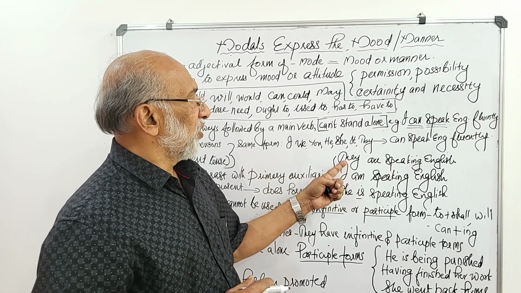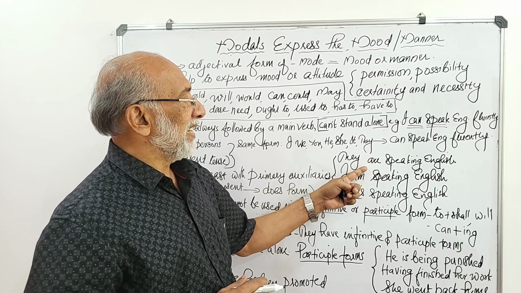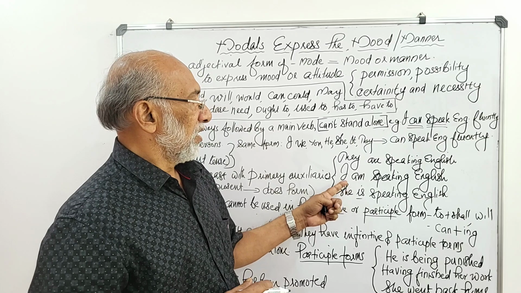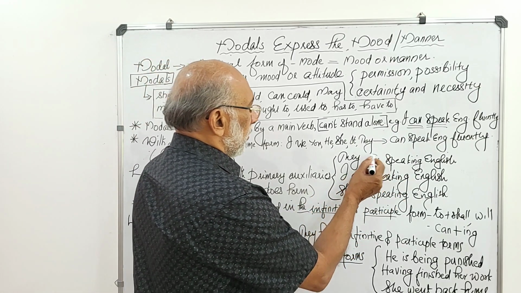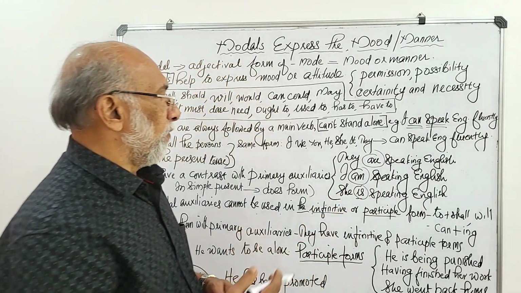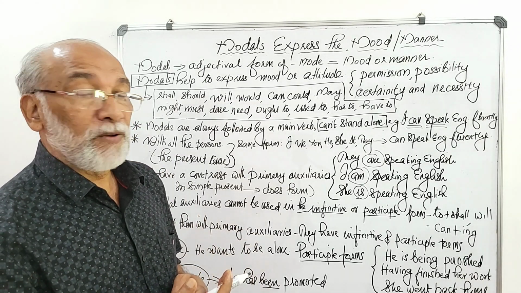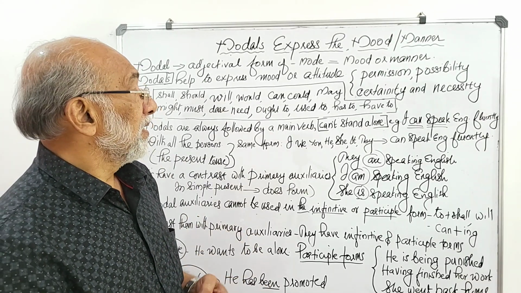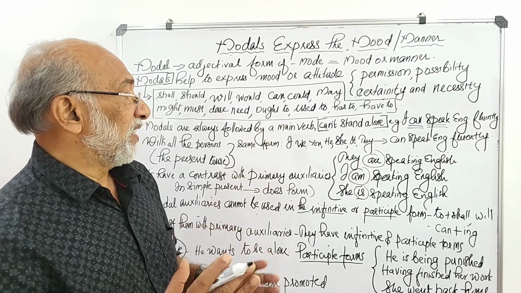Here the subject is they, and according to the subject we have made the change. They are speaking English. I am speaking English. She is speaking. In all the cases we have a difference in their form. That means primary auxiliaries change their form according to the subject, but in the case of the modals they remain the same. That's what I said.